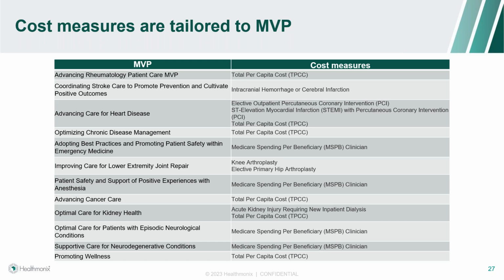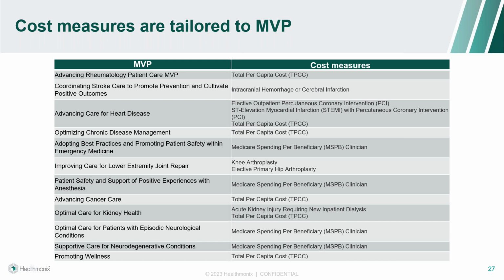Even better on top of that is to take a look at a measure, for instance, let me pick one out here, improving care for lower extremity joint repair. Those providers that are reporting that as a group, whether you're a specialty group or a multi-specialty group, you're going to probably have TPCC hit you because you might have PAs that work there and NPs that work there, or your specialty might be considered primary care according to CMS.